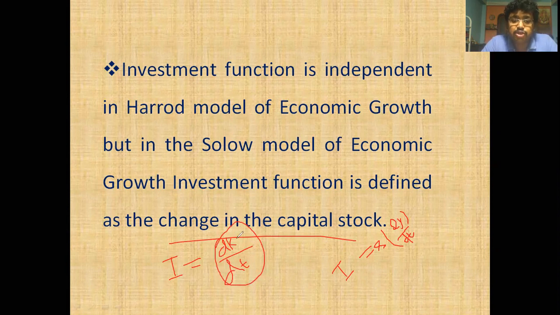So in the Solow model, investment is nothing but the change in the capital stock; it is not an independent function. In the Harrod model, investment is the independent function, but in the Solow model of economic growth, it is not independent. It depends upon the change in the capital stock.